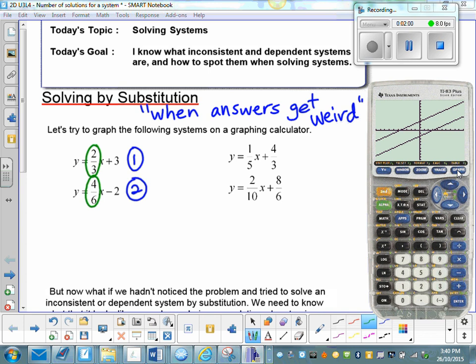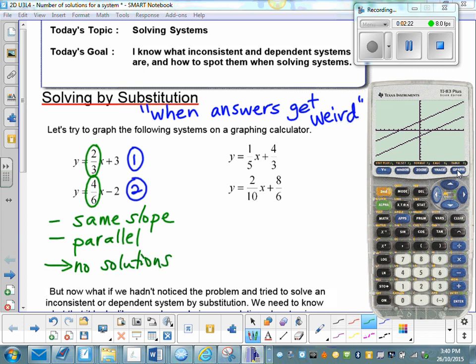So these two equations have the same slopes. They are parallel to each other. And if they're parallel to each other, that means that there are no solutions because there's no point of intersection.